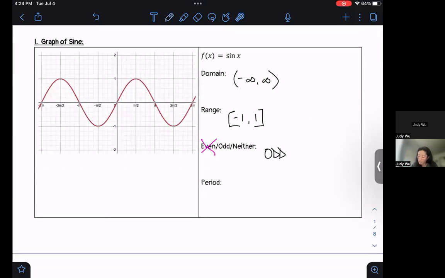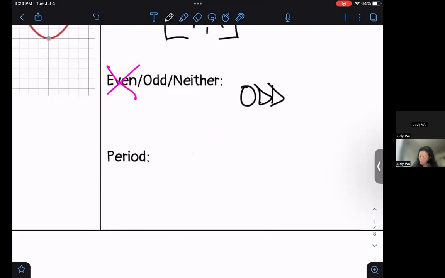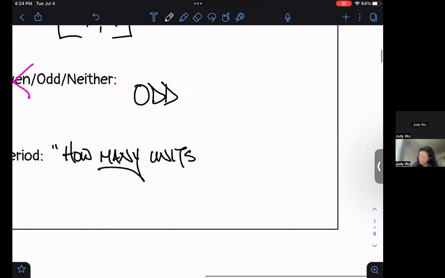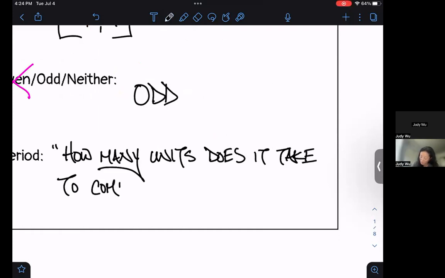All right, last but not least, let's talk about this new word, period, right? So period is really answering this question: how many units does it take to complete one wave?